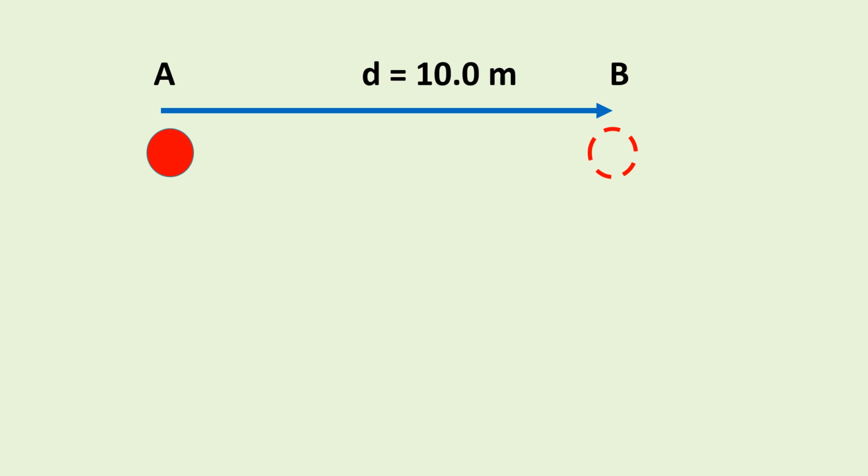So how are we going to determine the average speed for the entire travel or entire motion of the particle? Let's look at our solution.